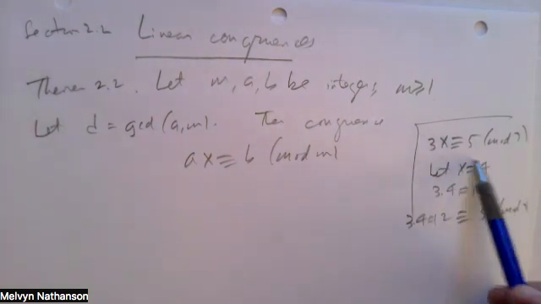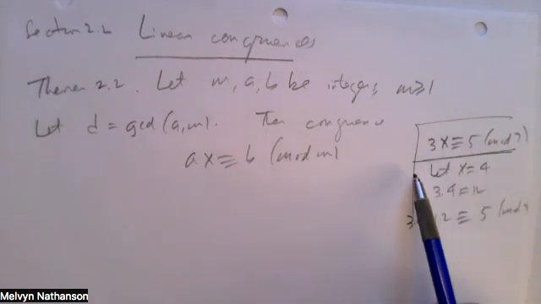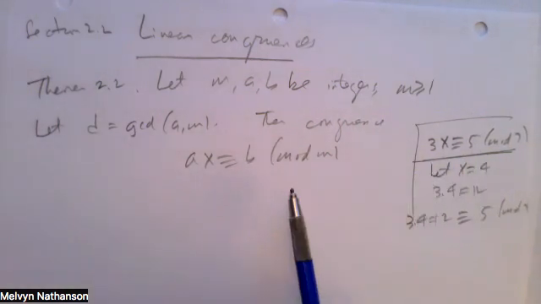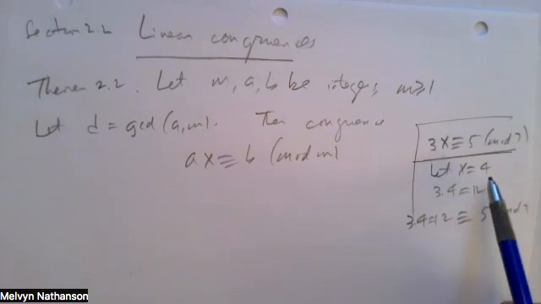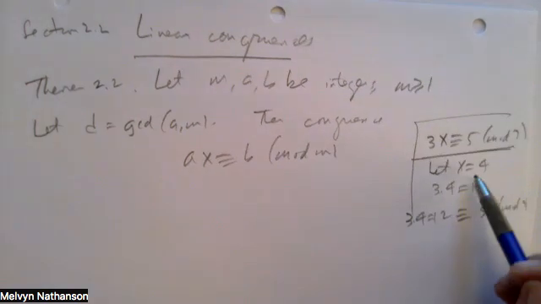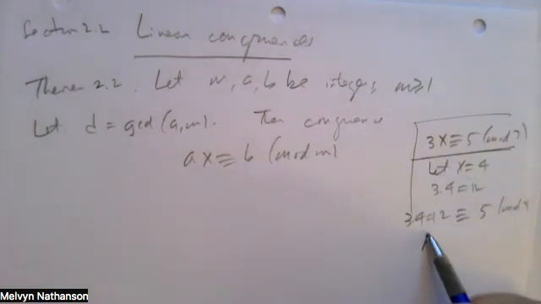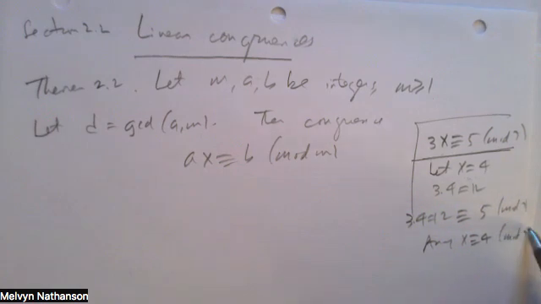So this linear congruence, it's like a linear equation, ax equal b, except it's a congruence, ax congruent to b mod m, has a solution, x equal 4, and in fact, any x congruent to 4 mod 7 is a solution.